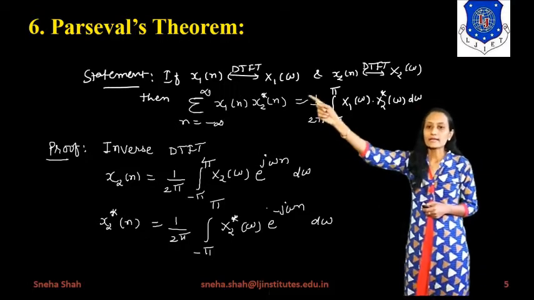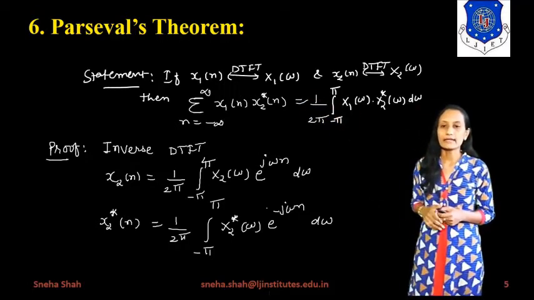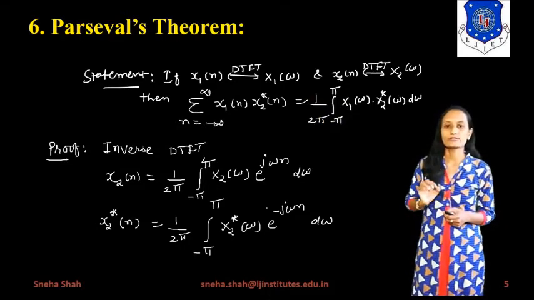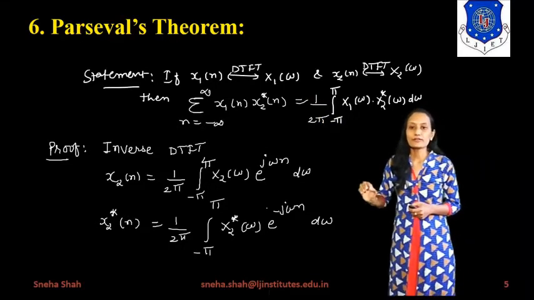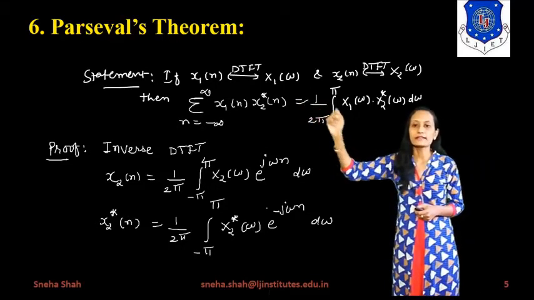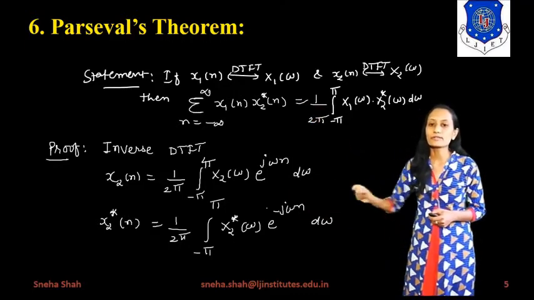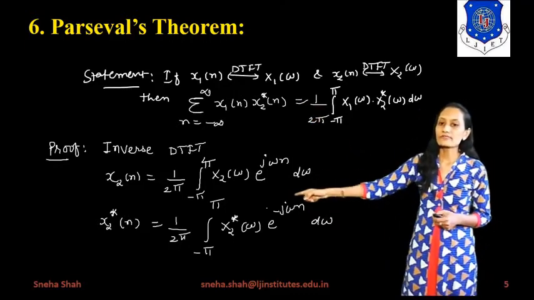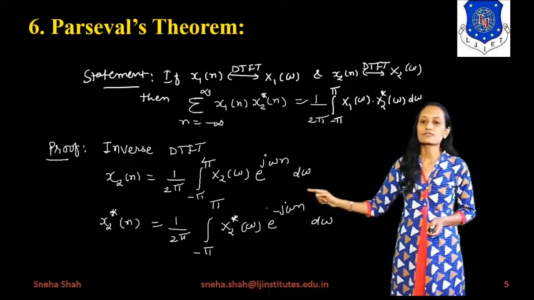Now here the term is x2 star of n, meaning the conjugate of x2 of n, right? So to find x2 star of n, we take the conjugate on both sides. So x2 of n converts into x2 star of n.